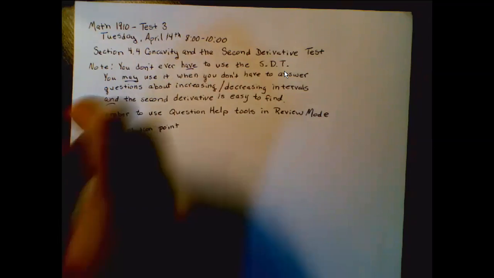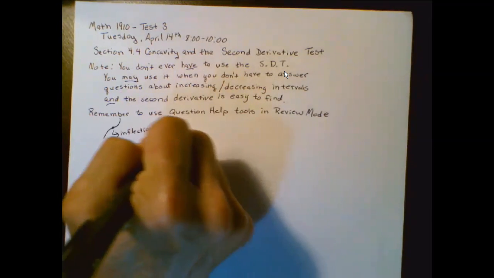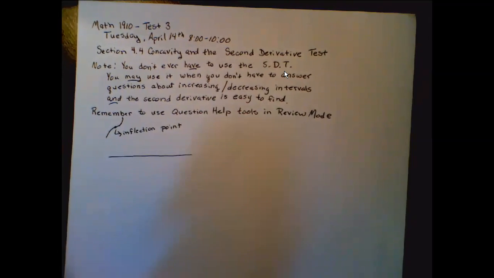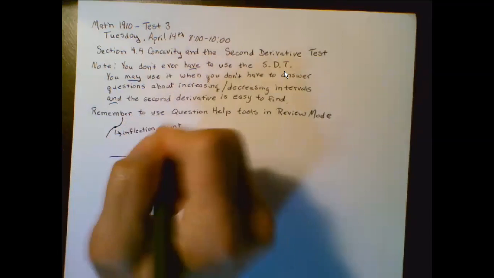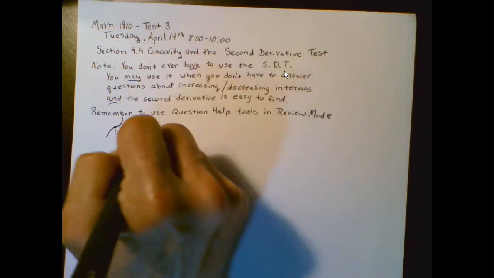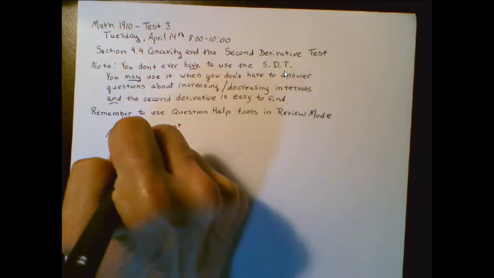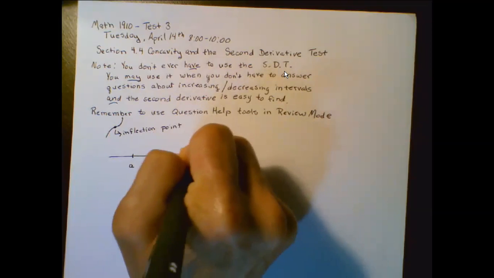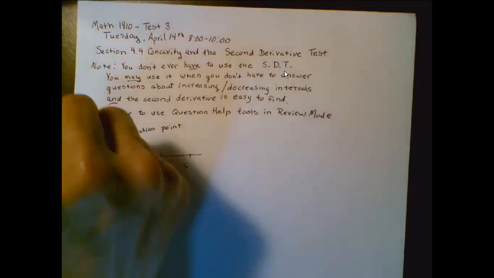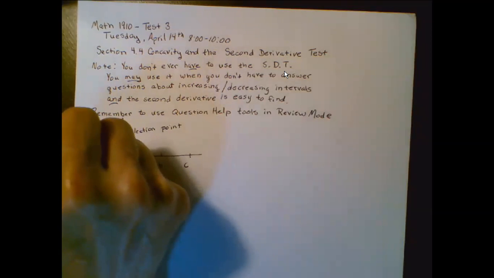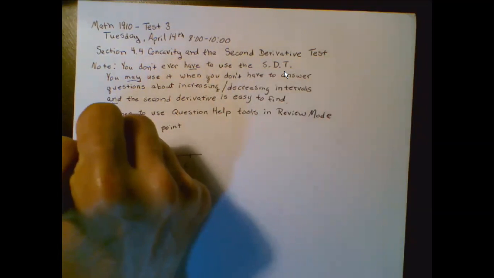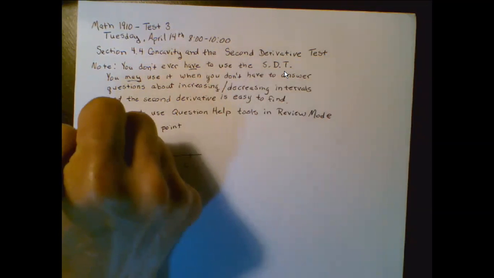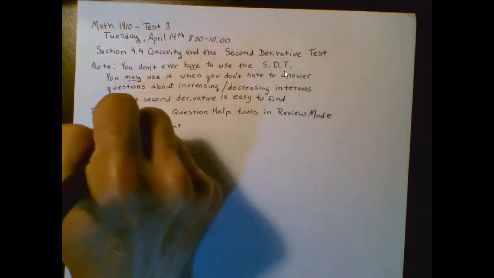So if you were given a number line that already had your critical points on it, critical points for either the first derivative or the second derivative. Let's say you had 3 critical points, A, B, and C, and you looked at the sign of the first derivative and the sign of the second derivative in each one of those intervals.